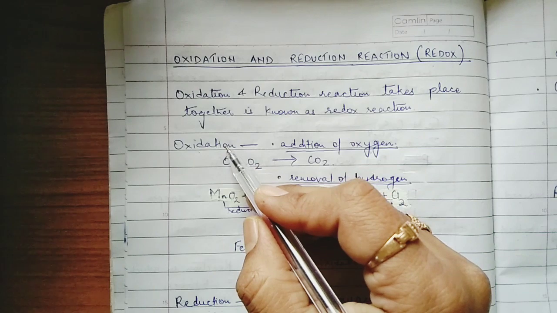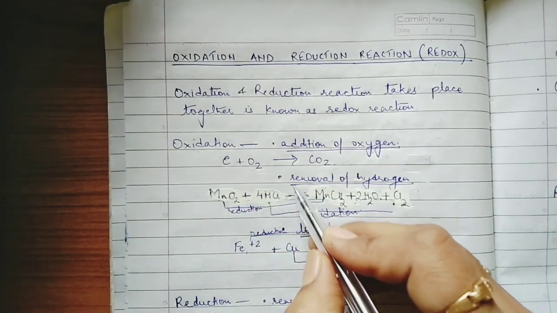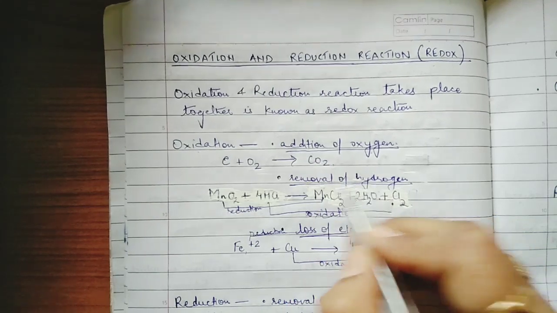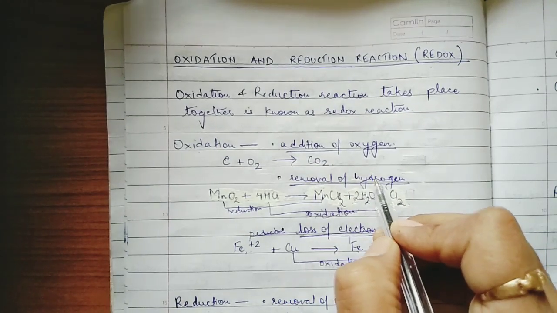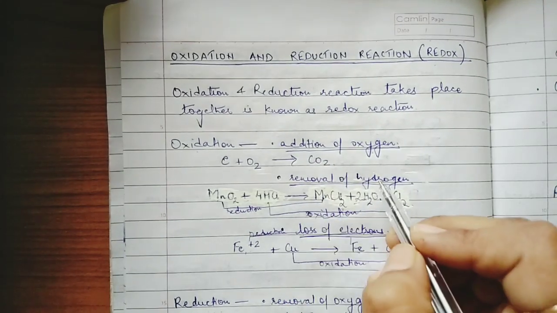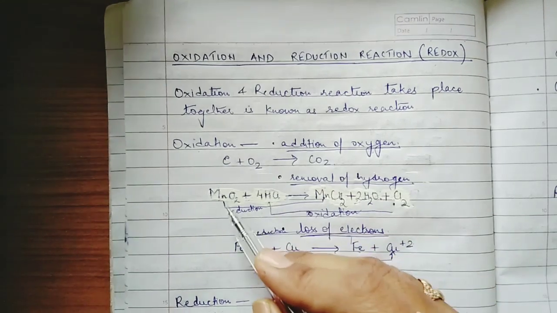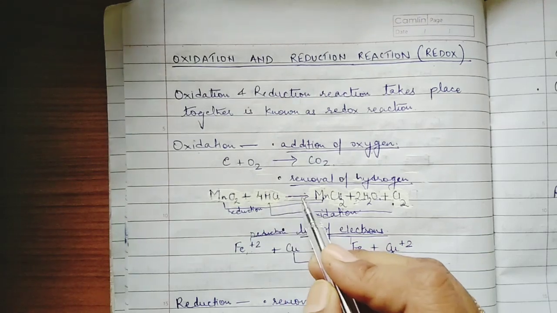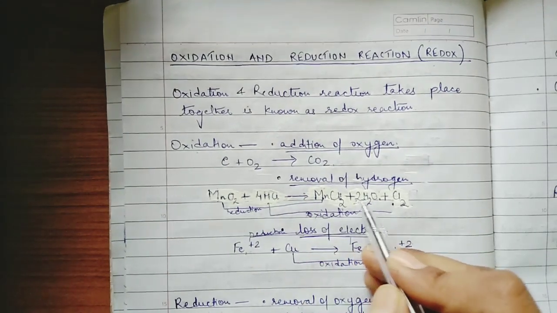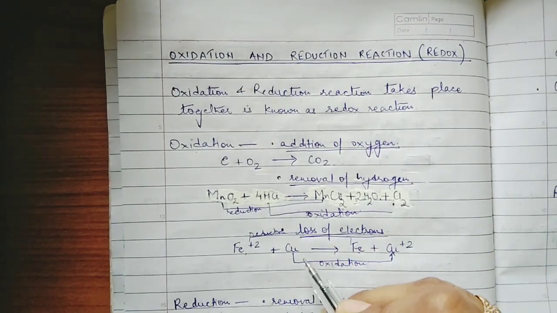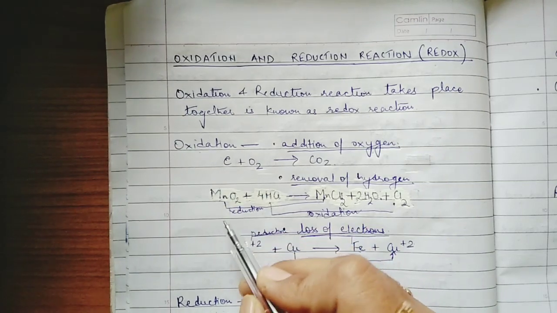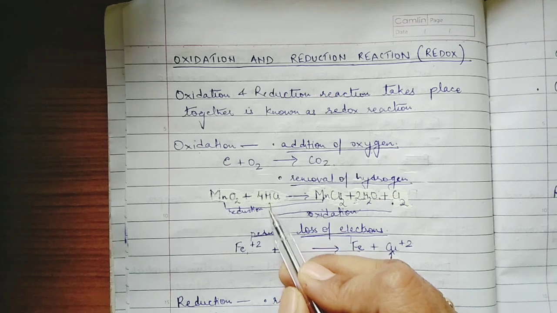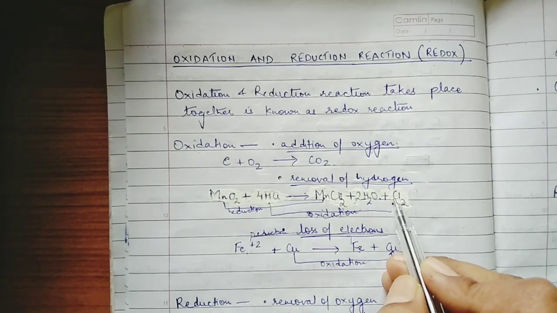Then one more definition of oxidation is the removal of hydrogen. In any reaction, when there is removal of hydrogen, that type of reaction is known as an oxidation reaction. Let us see this example: MnO2 plus 4HCl gives MnCl2 plus 2H2O plus Cl2. In this reaction, HCl got converted to Cl2.